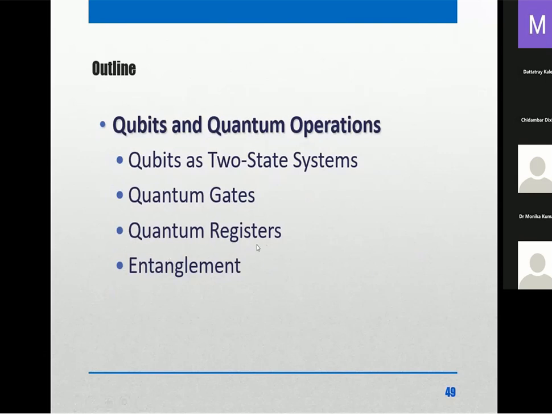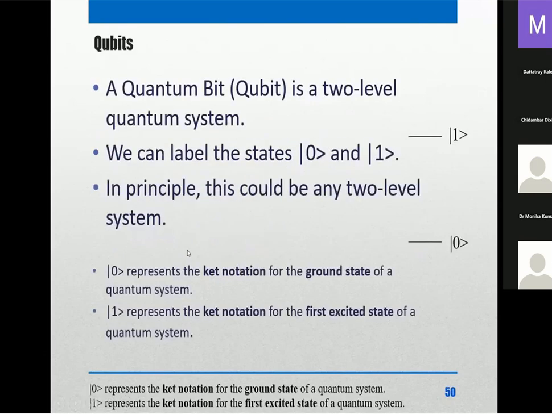Or quantum gates, quantum register, and entanglement. I can repeat, we have already seen this. A quantum bit, qubit, is a two-level quantum system. We can label the state as the ground level, in ket notation the ground state, and the other is the first excited state. In principle, this could be any two-level system.